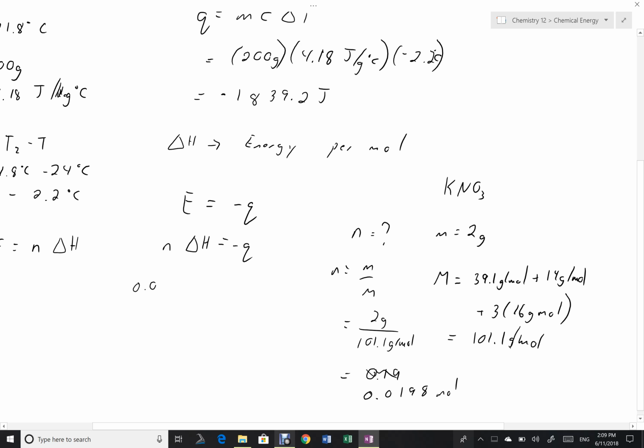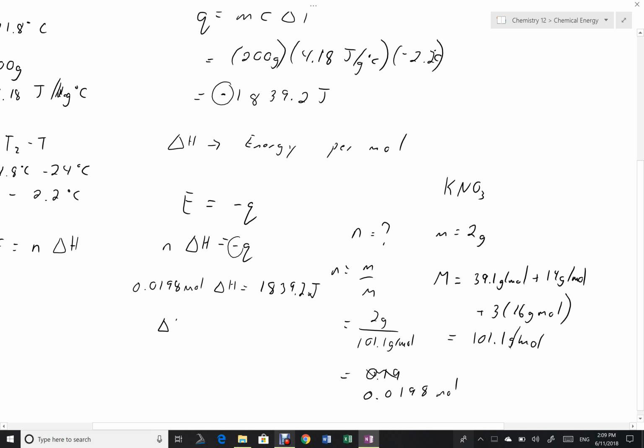So 0.0198 moles delta H equals negative Q. So Q is this. So 2 negatives are going to make this positive, 1,839.2 joules. So again, there was a negative here, there was a negative here. I said two negatives make a positive, and that's why I've put this number in as a positive.